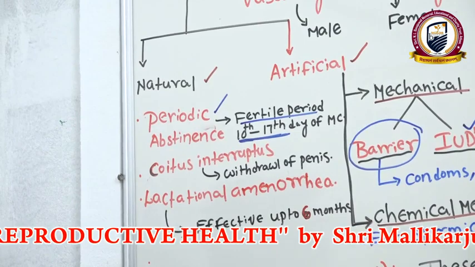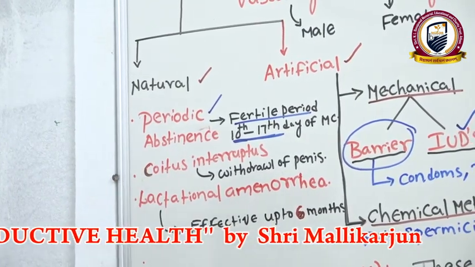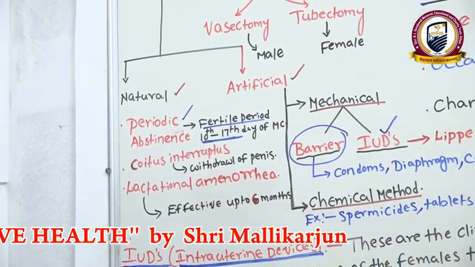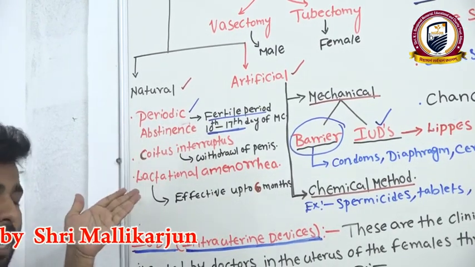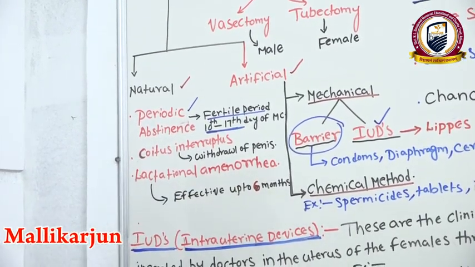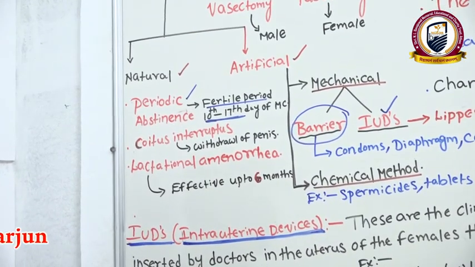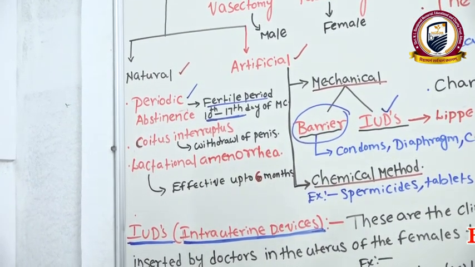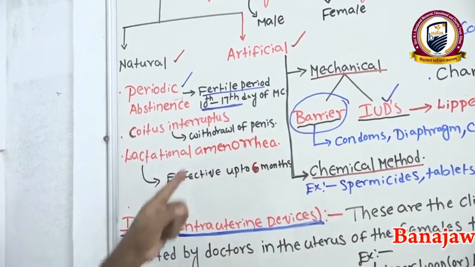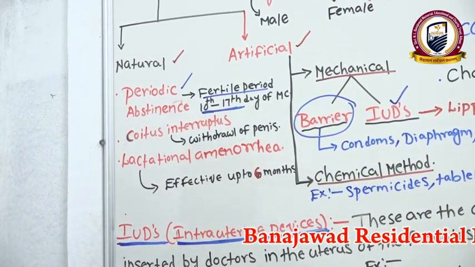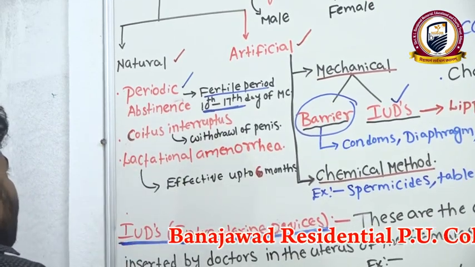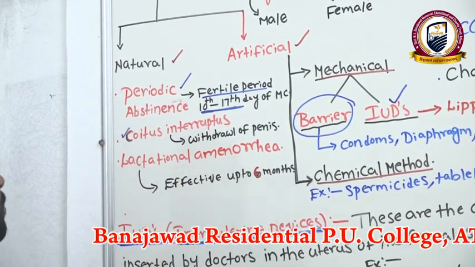After that, we can participate in sexual contact, before the 10th day and after the 17th day. If you participate in sexual contact then, there is no problem. That period we can call the safe period, and this period we can call the fertile period. Clear?